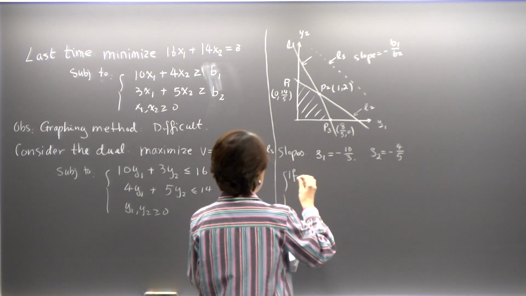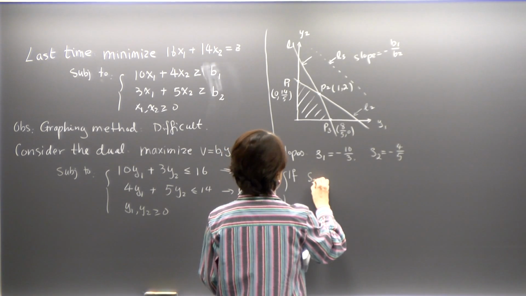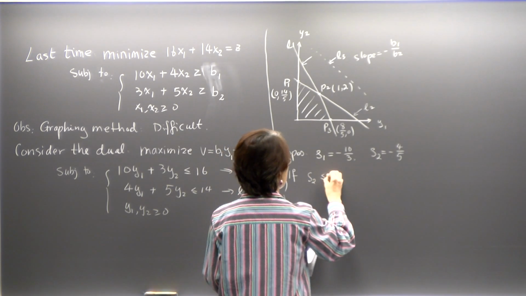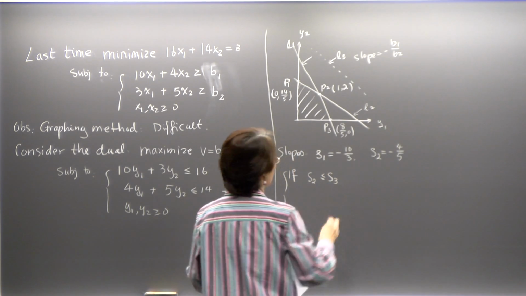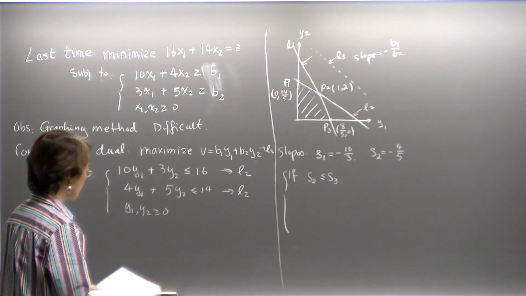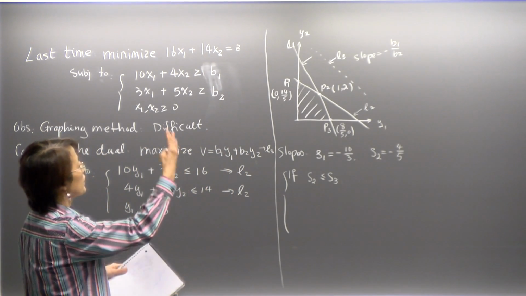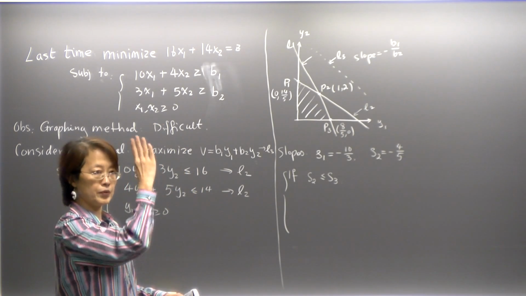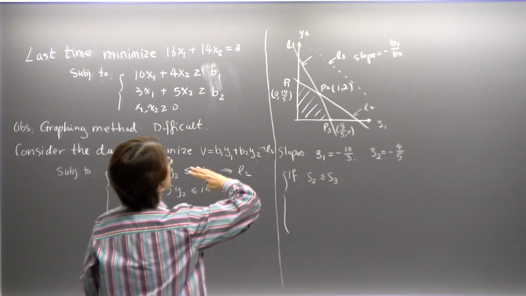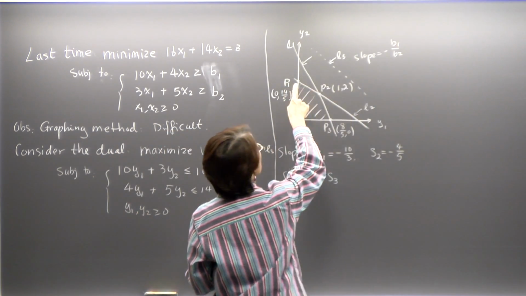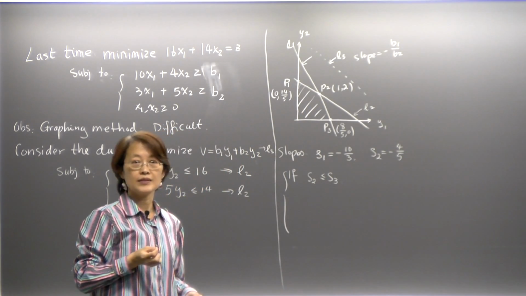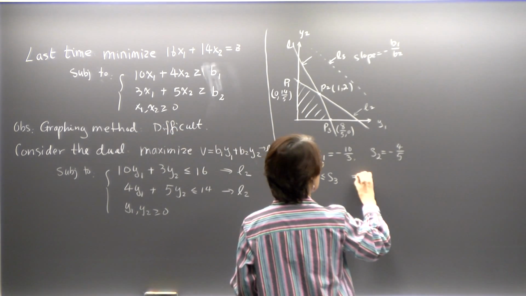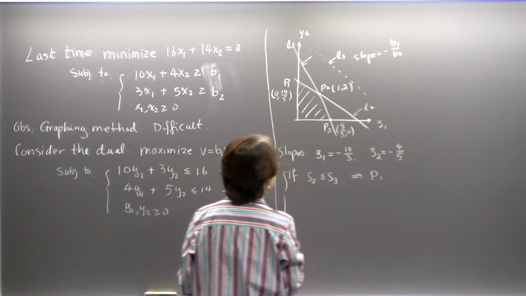If S2 is less than S3, so let's say the slope is very big, meaning flat, not steep, right? Steep down will be smaller. And then it is more flat, and I will hit P1. Agree? Okay. So you would get P1 as your optimal point.